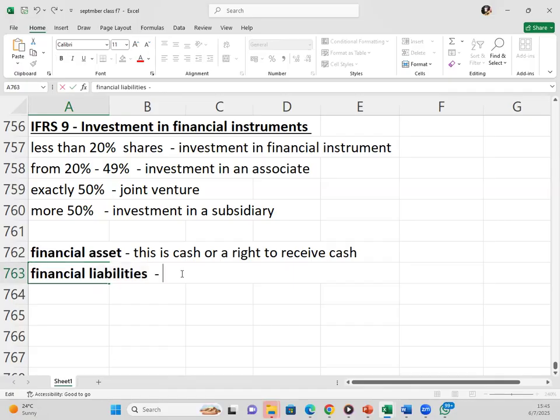This is now not you receiving, but you paying. If you buy shares today, you are entitled to receive cash as dividend. But if you get a loan, you are supposed to be paying.